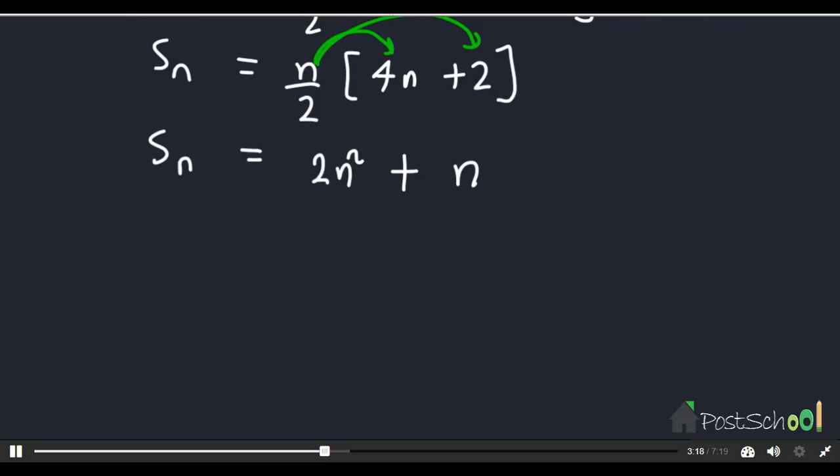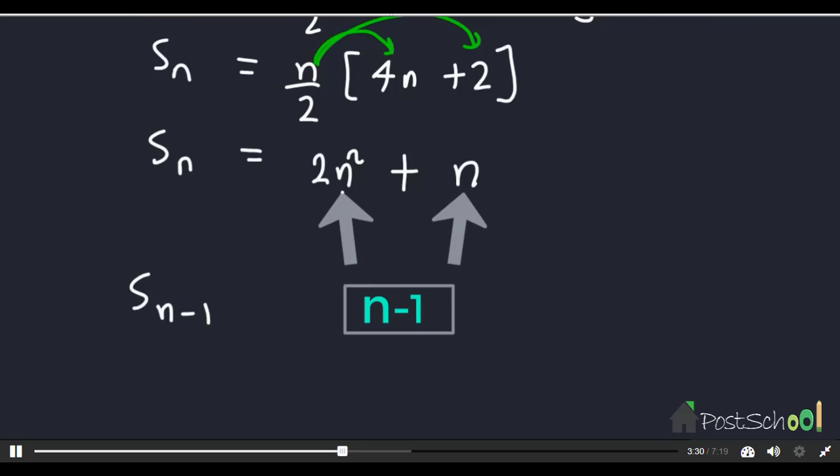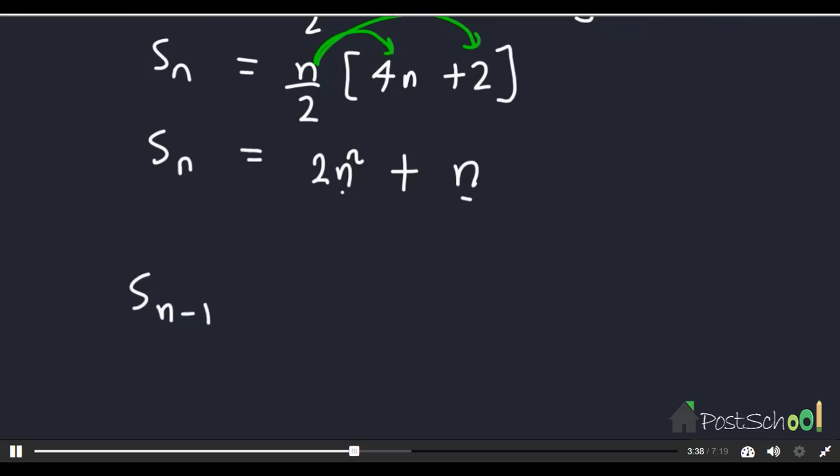Now, as part of our experiment, I want to find Sn minus 1. When we do that, we substitute n minus 1 wherever there was n. But be careful: we are not going to say 2n squared minus 1 plus n minus 1. This is wrong.